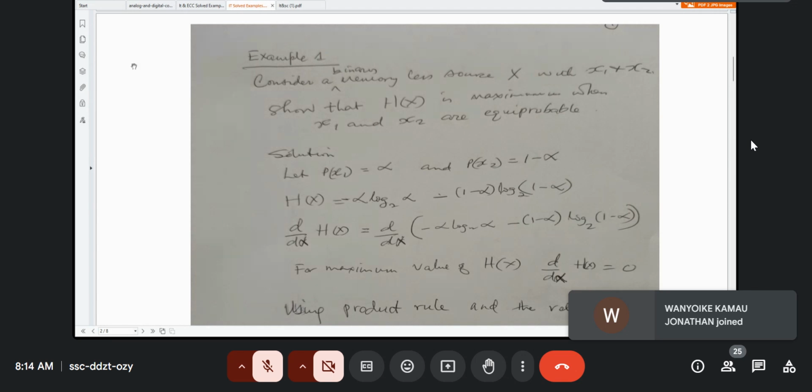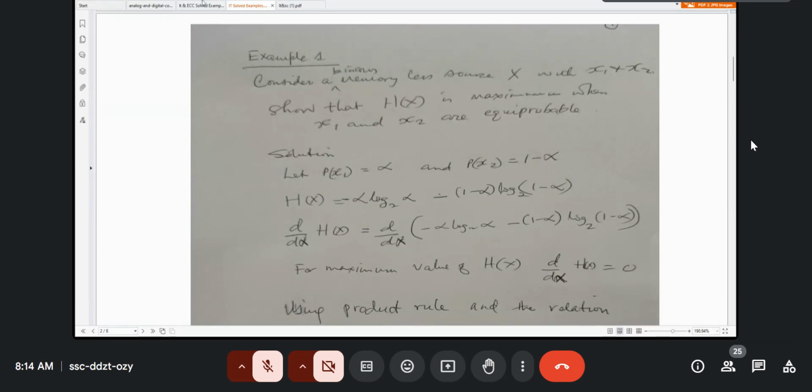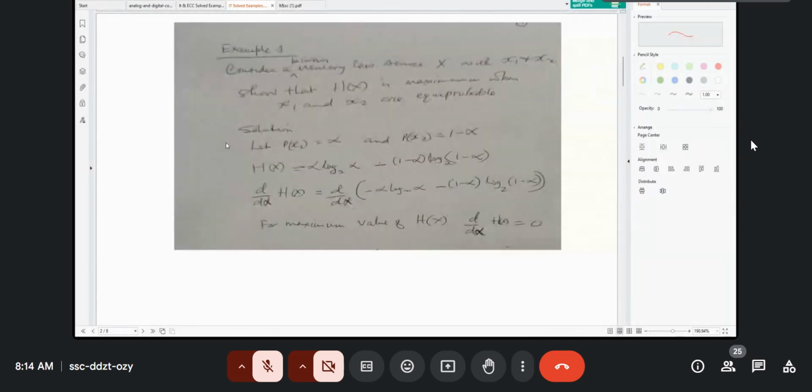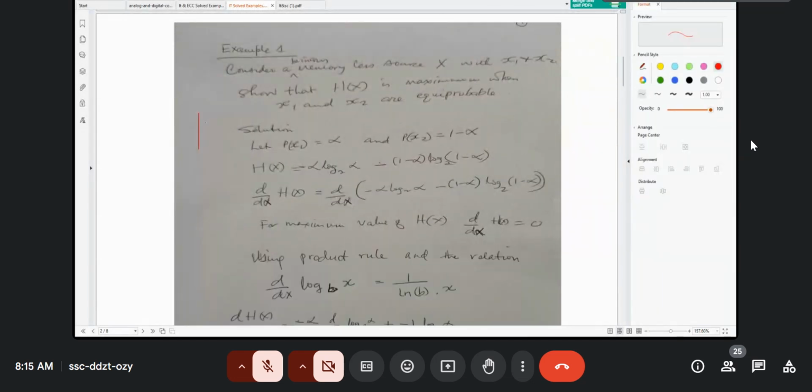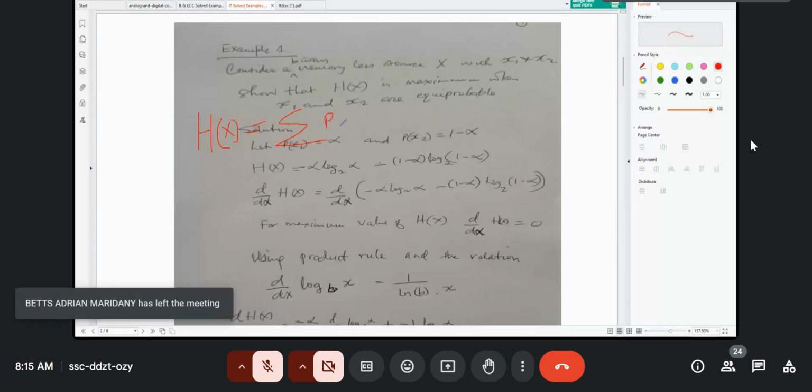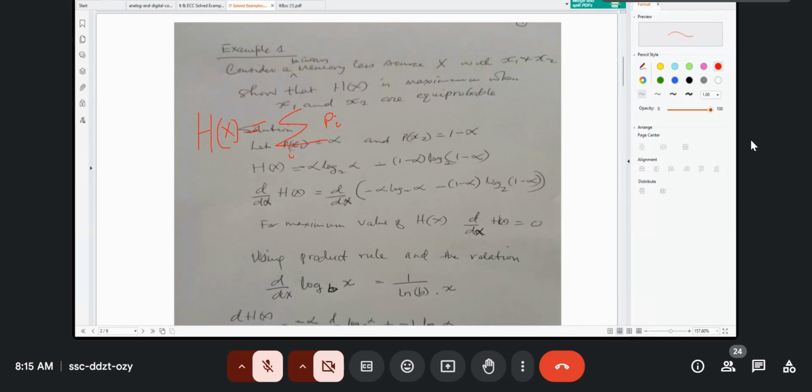This is just from the formula of entropy, where we put i, whatever it is, and then p_i log base 2 of 1 over p_i.